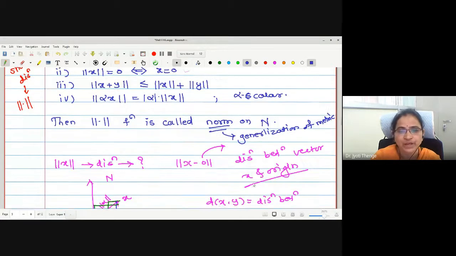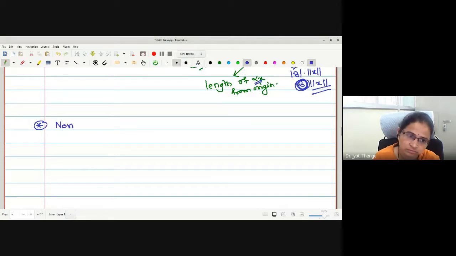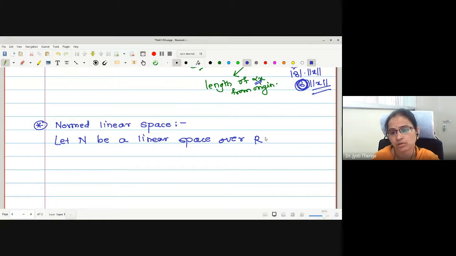Before that, let me write a definition of a normed linear space. What is a normed linear space? As we have defined a metric space, let N be a linear space over R, or over F, I can write over a field here.